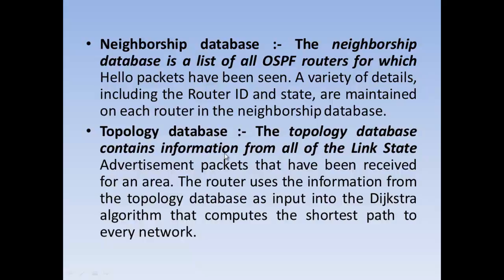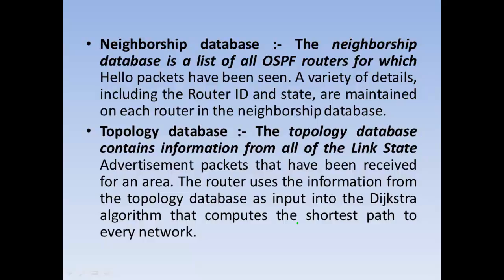The topology database contains information from all of the link state advertisements that have been received from an area. The router uses the information from the topology database as an input, or in simple words, the Dijkstra algorithm computes the shortest path to every network, and that best path is placed into the routing table.